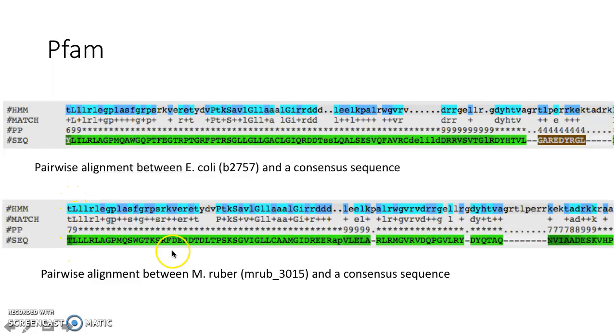We have an L here, we have an S and a P, we have a G, another G. This is less than E. coli, but it is still fairly relevant. The E value for this sequence was 1 times 10 to the negative 58th, which is still fairly low and still fairly relevant. They do not line up by chance. And we still have a high number of fairly decently conserved amino acids in light blue.